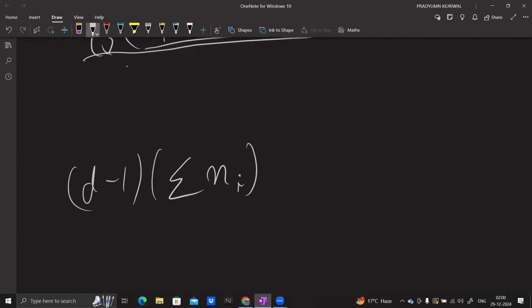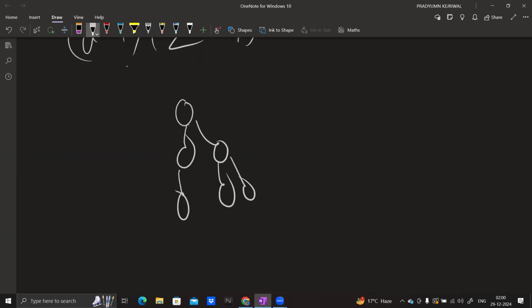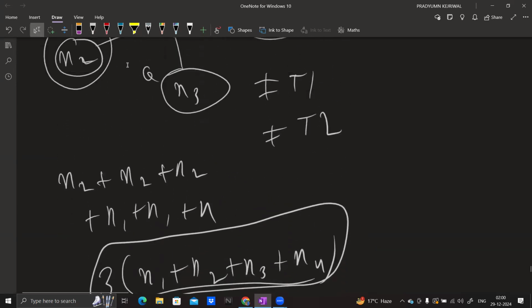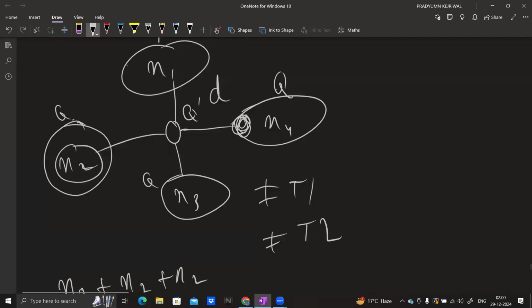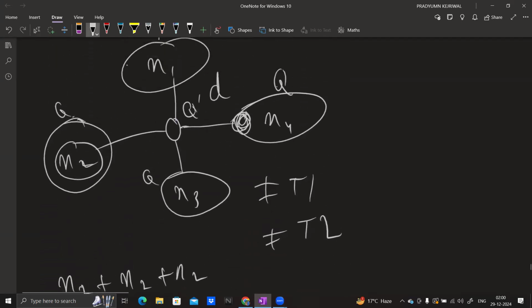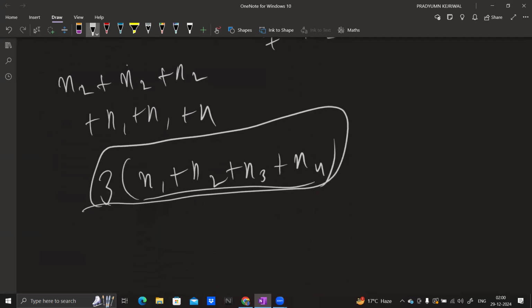And do you agree that in my whole tree, there are total n nodes which are not of type 1 and not of type 2. And I know that this q dash is of type 2. So definitely I can say that this sum is n, isn't it?